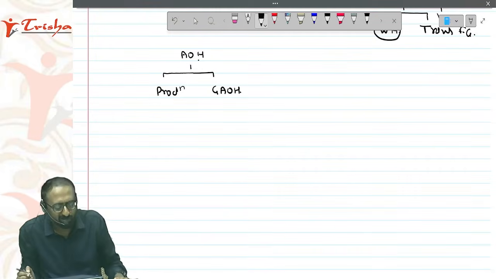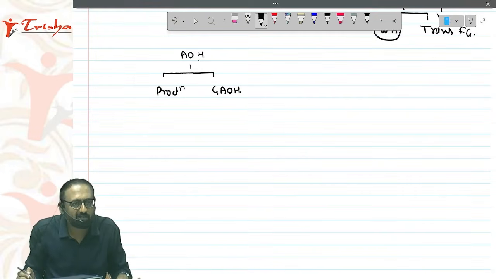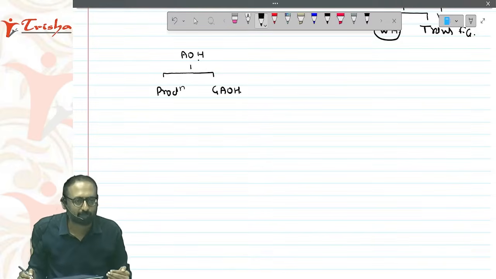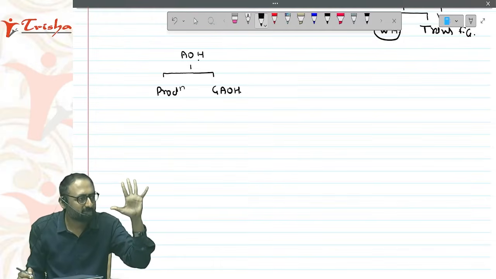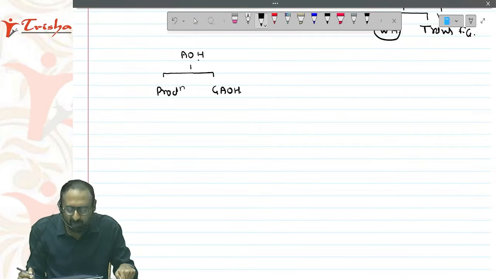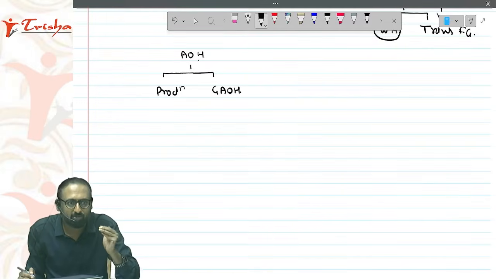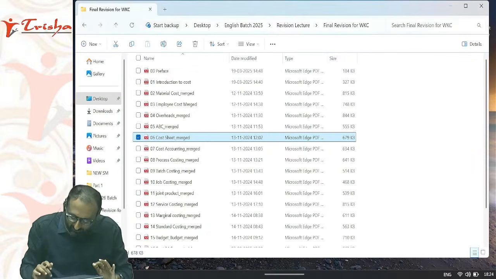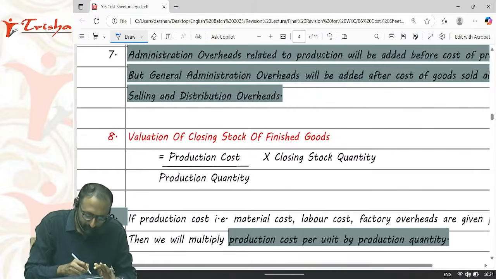Where to write administration overhead related with the production: before cost of production or after? Before cost of production, it is one of the 5 items. Which are the 5 items? Quality control, research and development, administration related with the production. General administration overhead you will write along with the selling and distribution overhead after cost of goods sold. Correct? Next one. Administration overhead adjustment is over.